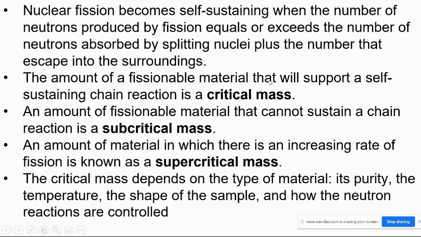The amount of fissionable material that can support a chain reaction is called the critical mass. An amount of fissionable material that can't sustain a chain reaction is called subcritical mass.